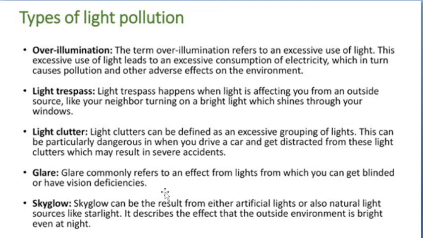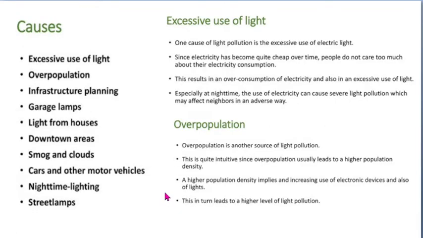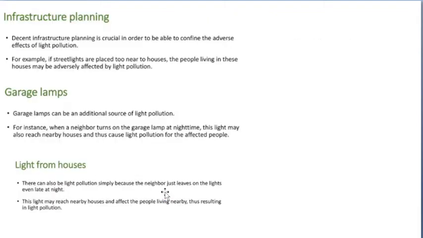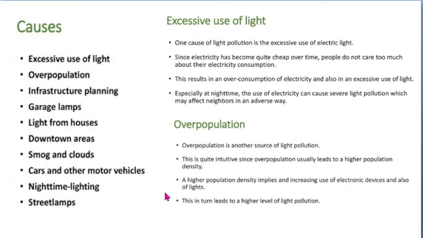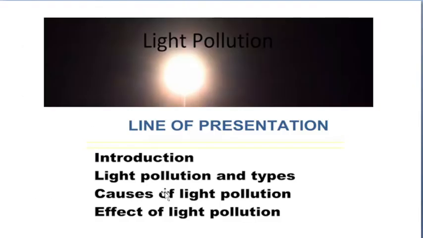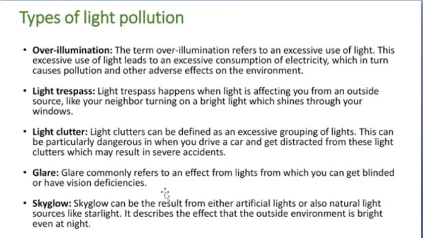Now let us discuss the types of light pollution. Just a minute. Okay, so what is light pollution? Light pollution means, for example, when we are using a high intensity light.